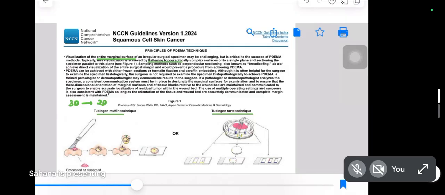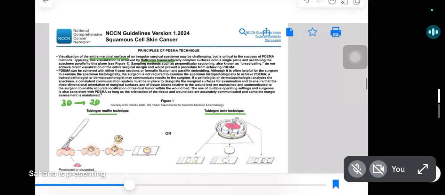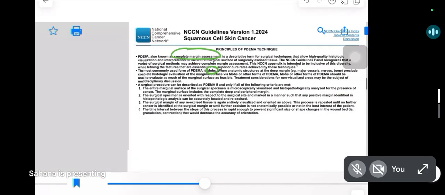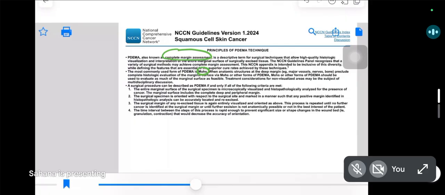That is the Tübingen muffin technique or Tübingen torte technique. So by definition, it is nothing but complete margin assessment. You will use a surgical technique that allows for high quality histology. You will visualize all the margin as well as interpret them.